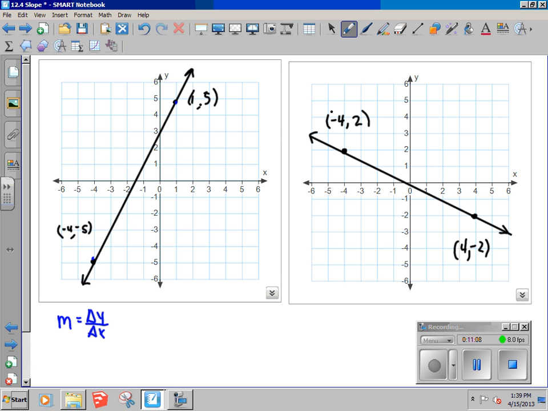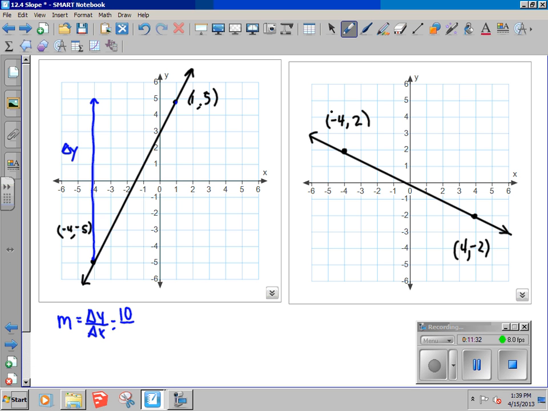My other point's way up there, right? So my y change, I have to go up, up, up, up, up, up, up to here. That's my change in the y direction. How many units is that? I'll come here and count. 10. In the positive direction, we move up 10.